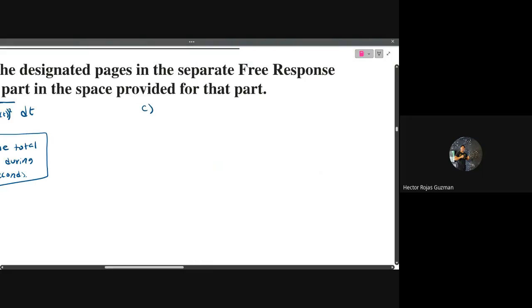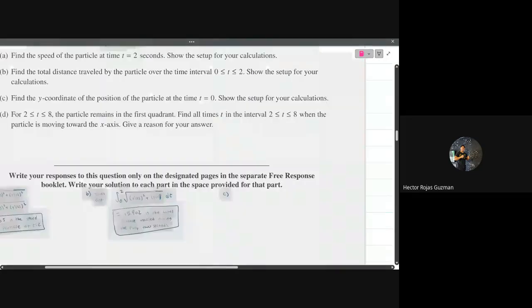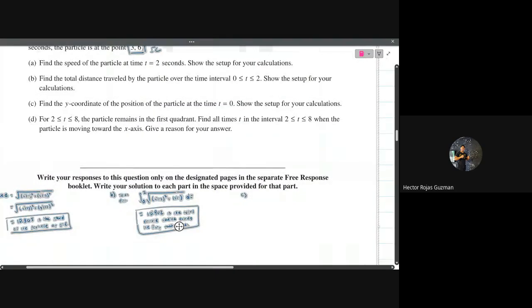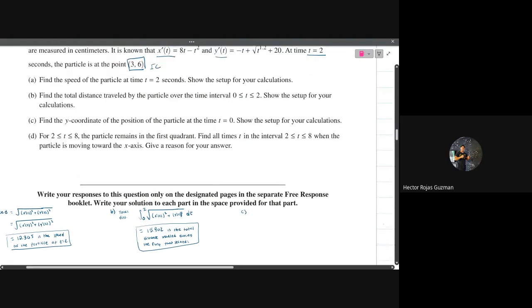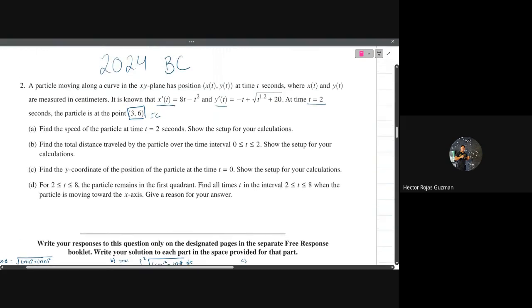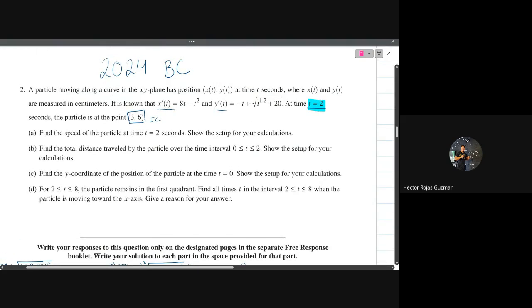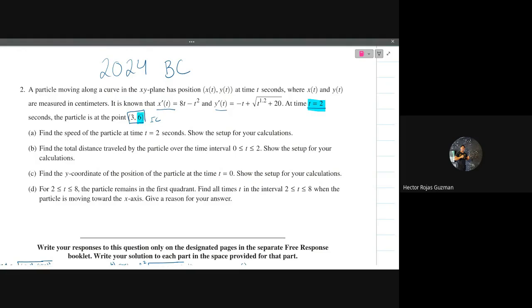Part C. Find the y coordinate of the position of the particle at t is equal to 0. Okay. Well, for that, we also kind of have to know our initial condition, right? So we already know that at 2 seconds, the y coordinate is going to be 6.